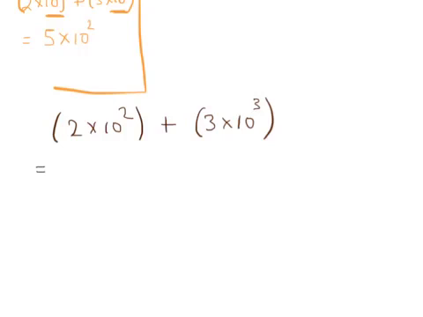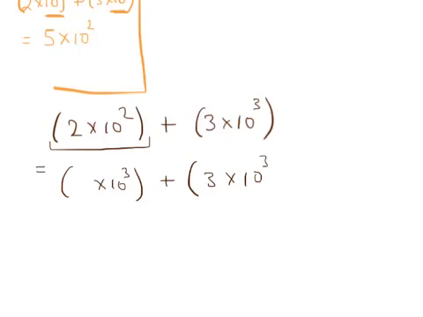So let's try and convert this number here so that it's got the power 3 instead. In other words, what we want is something that looks like this. This number hasn't changed, that's still the same. But this, I've got to figure out what goes inside here to make this times 10 to the 3. Well, what have I done to this number to make it that number?